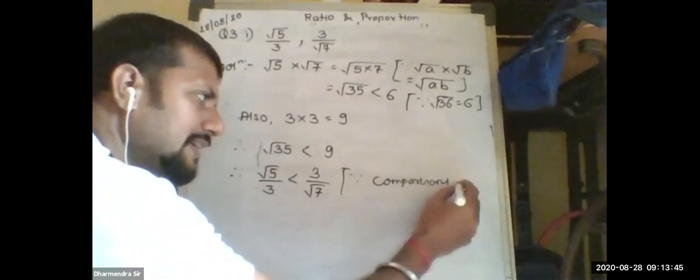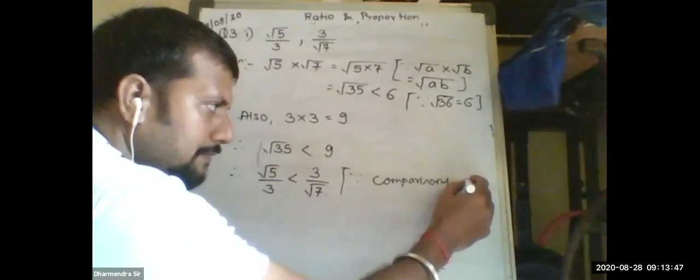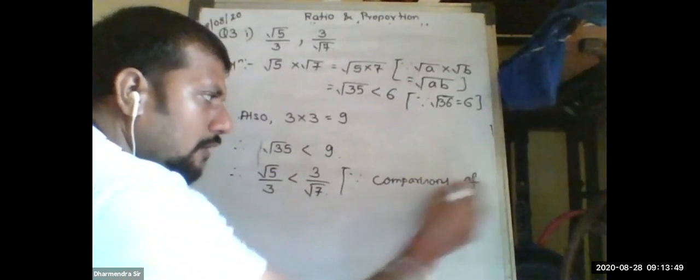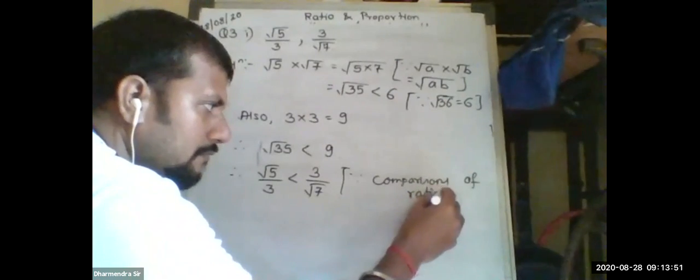You just need to write the statement if required, or you can say directly, by comparison of ratio. This was the first problem. It was very easy. As we proceed, it will become more tedious. Not that tedious, but if you are good in multiplication and you are good in surds, then you can easily get through all problems. Not that big a deal.